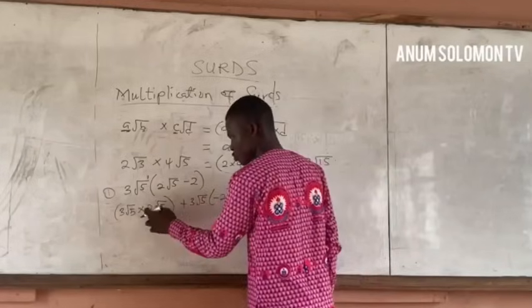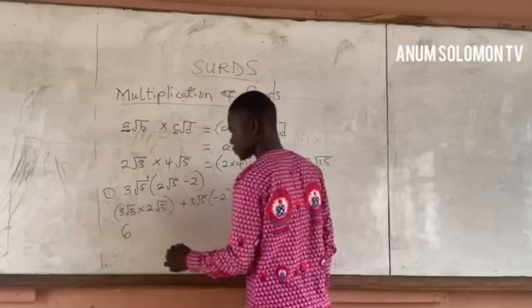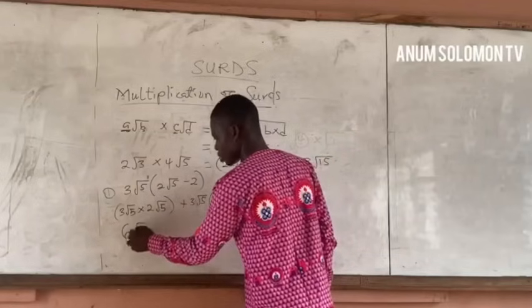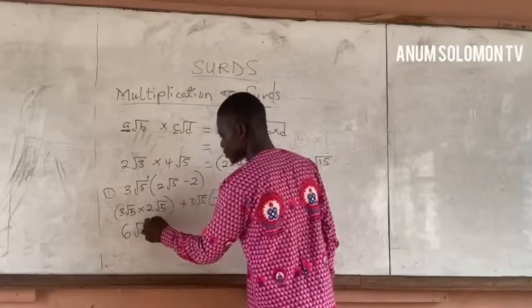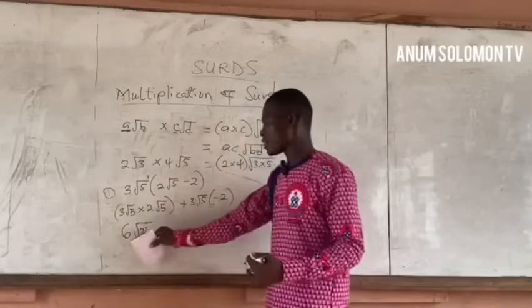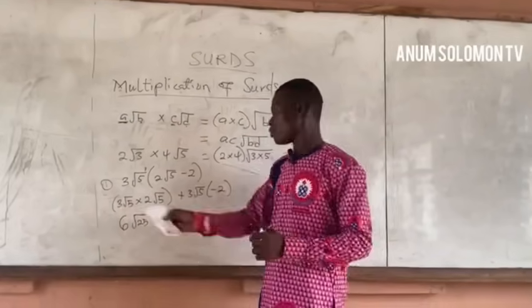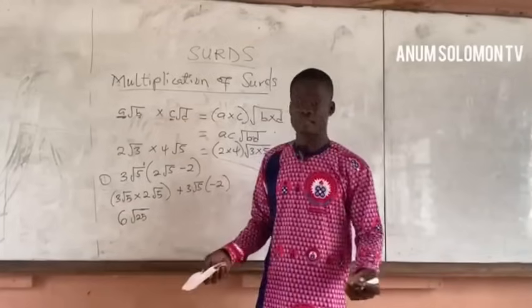So 3 times 2 is what? 6. Root 5 by root 5 is what? Root of 25. Or here, since the numbers under the radicals are the same, root 5 times root 5 is 5.